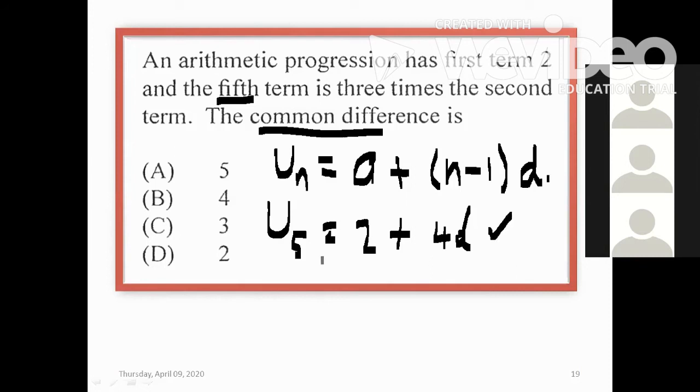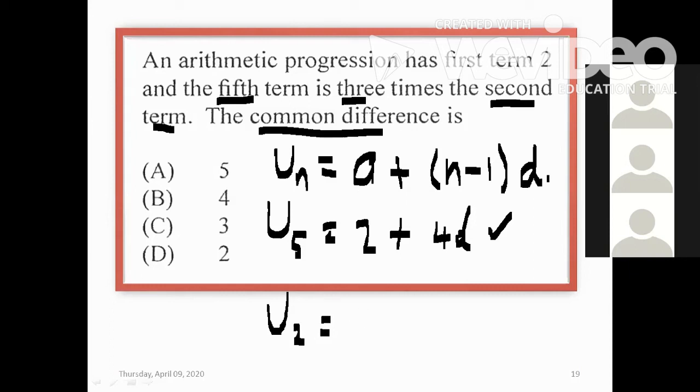Now what they're saying in the next statement or phrase is that the fifth term is 3 times the second term. Now let us not focus on the 3 times yet. Let us look at the second term. Let us write out something for the second term. So we have u2. And u2 represents the second term.